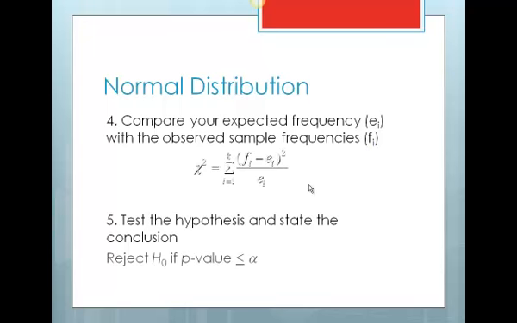Next, we compare our expected frequencies with our observed frequencies, following the exact same logic as before: observed minus expected, that quantity squared, divided by expected, and then sum those up. Then we look at the p-value, and we reject if the p-value is less than or equal to 0.05.